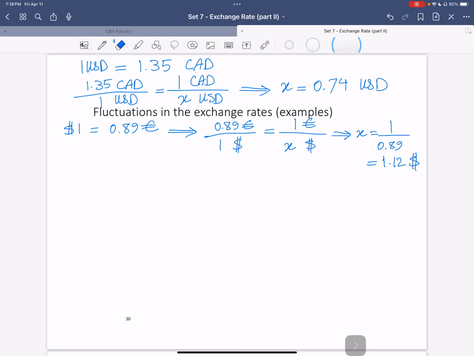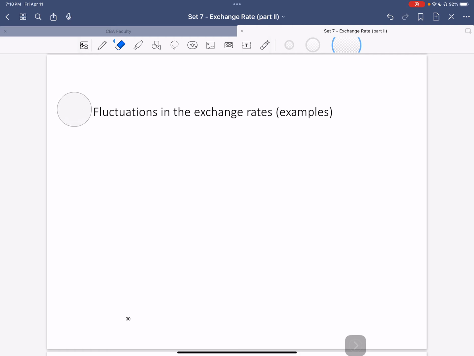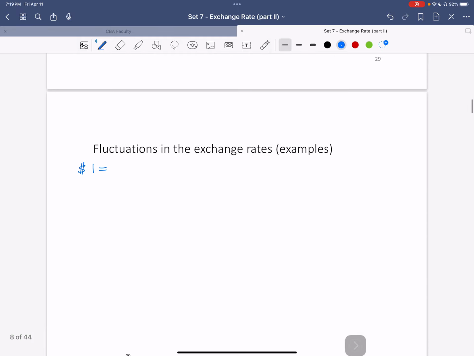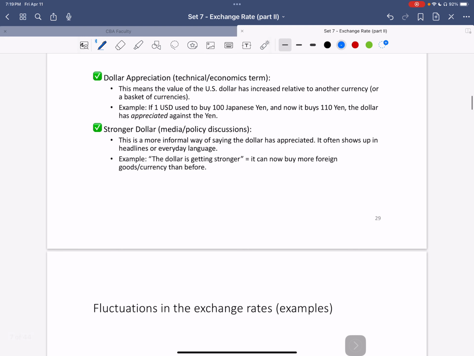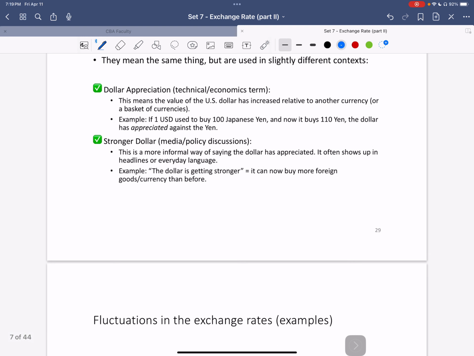Okay, let's say we might have, let's say $1 might be equal to, so let me write it in this slide because I want to show you what appreciation and depreciation means.